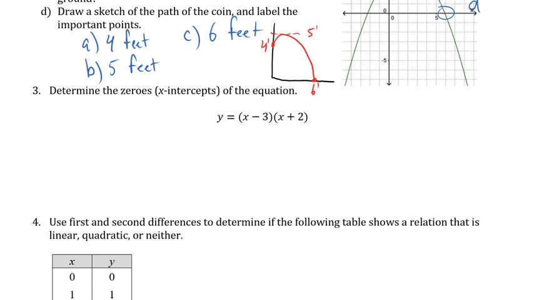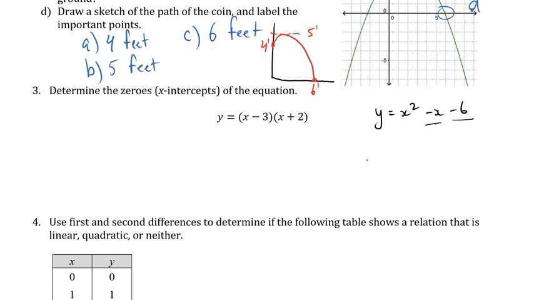Determine the zeros. So this looks like something that was factored. It could have started like this: x squared minus x minus 6. Two numbers that multiply to -6 and have a difference of 1. So -3 and +2 would qualify for that. And it says determine. So we did questions like this where it gave you this. You had to factor it first and then answer where the x-intercepts are.